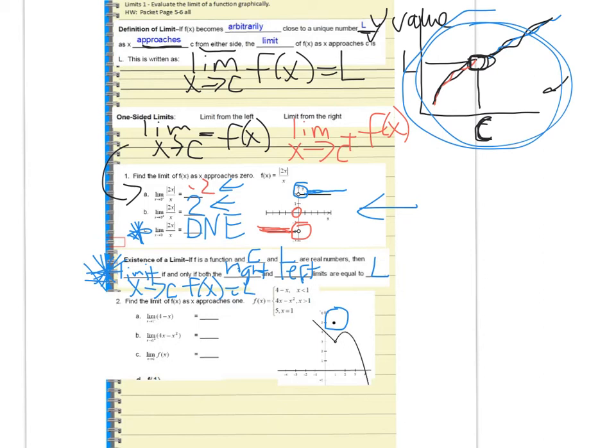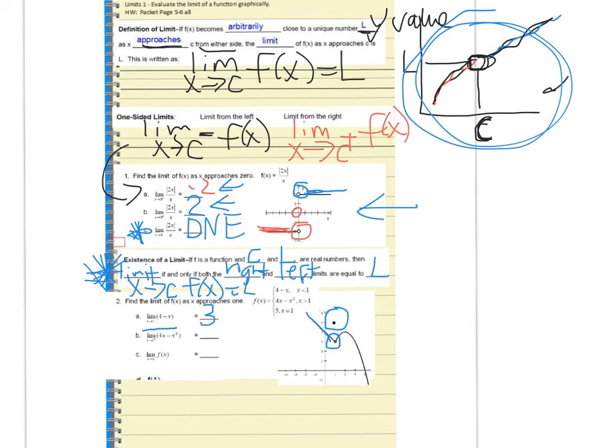So let's start with 2a, where it says the limit of our piecewise function. Now notice, as we're approaching from the left, it's the linear function. So we're going down, down, down, and it asks what's happening as we get closer and closer to x equals 1. Well, the y value that we're approaching is going to be 3.